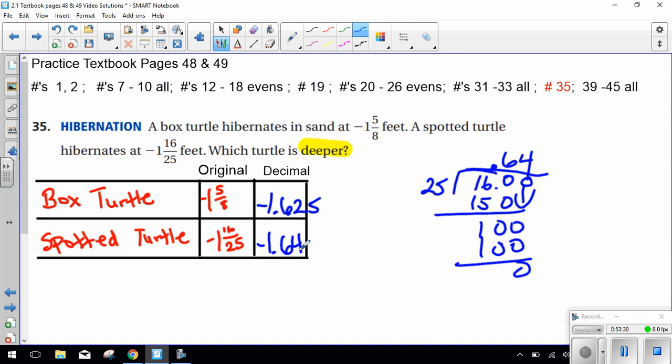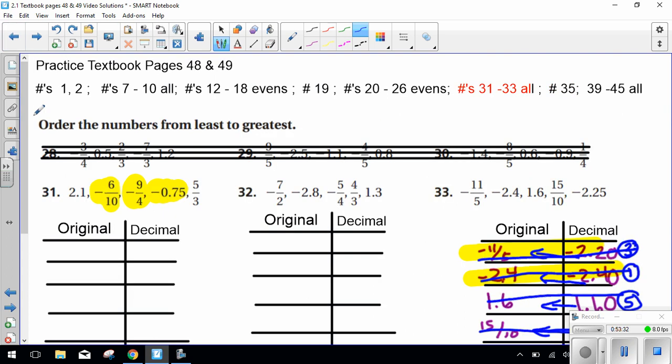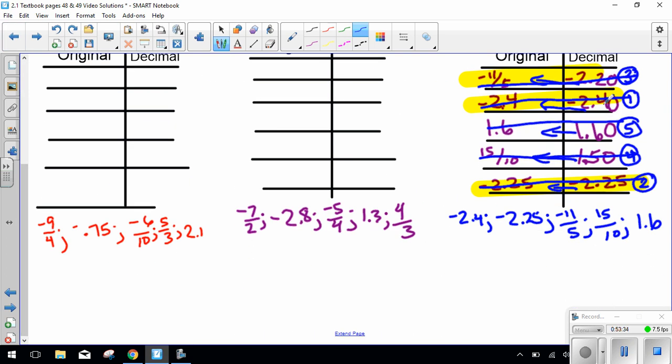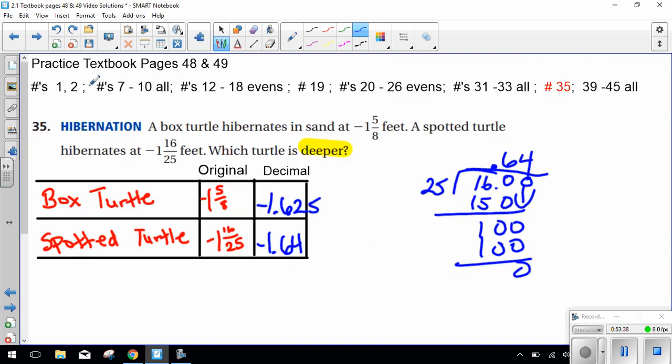So you remember in these examples here, I had you put all of these zeros in to make all the numbers look like the same number of decimal places. We're going to put a 0 here, so both numbers look like they have 3 decimal places. So who is deeper in the sand? -1 and 625, or -1 and 640?